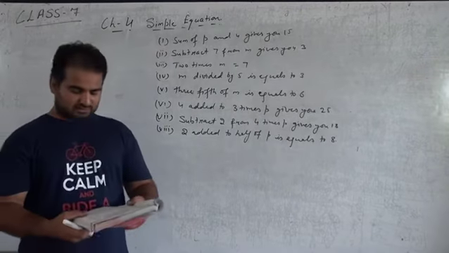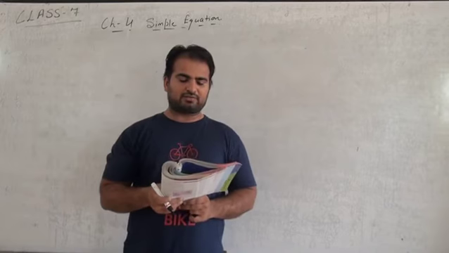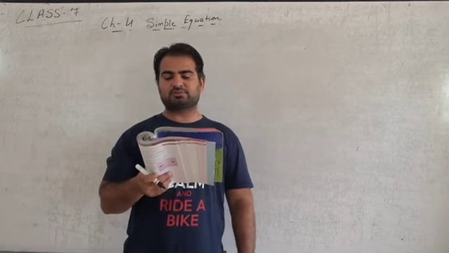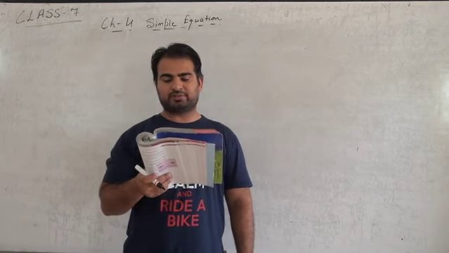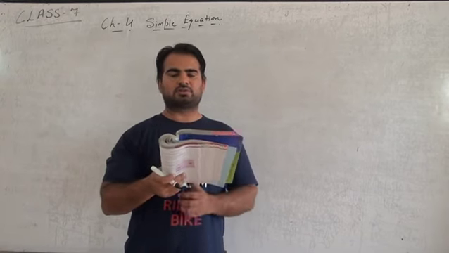Okay, so this is our question number 5. First question is, Irfan says that he has 7 marbles more than 5 times the marbles Parmeet has. Irfan has a total of 37 marbles.